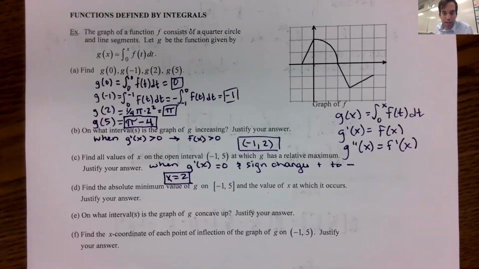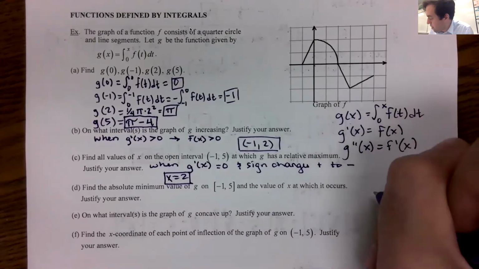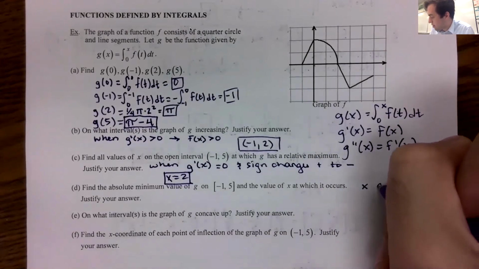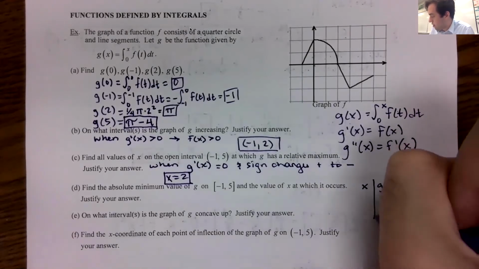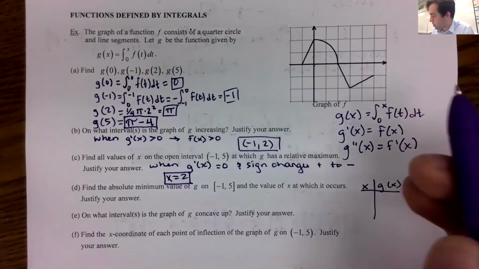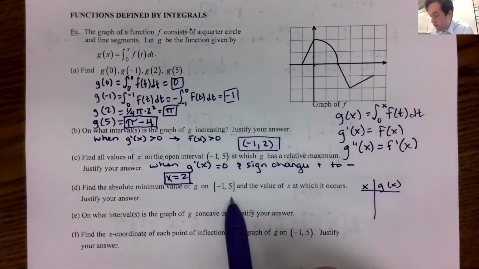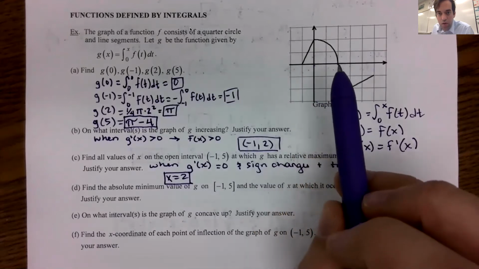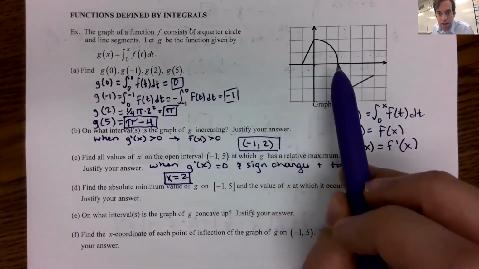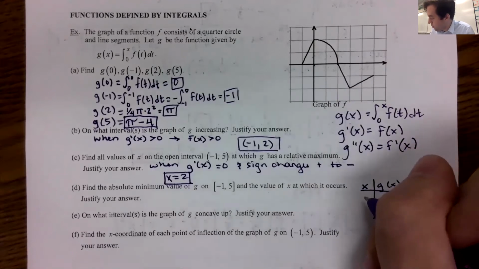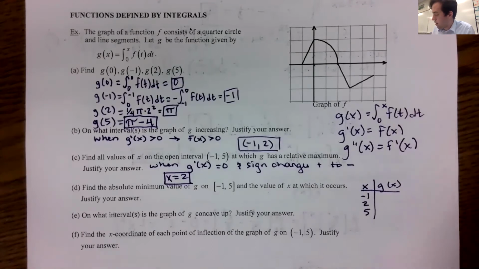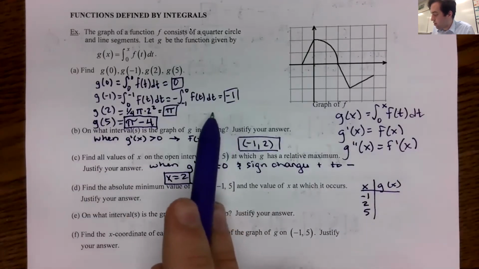If we were going to make a chart for the candidates test, we would want to check the endpoints, -1 and 5, and any critical numbers. We only have one critical number where the sign changes direction, and that is at 2. So -1, 2, and 5. We already found all of those values.